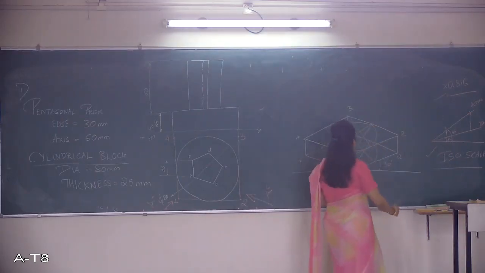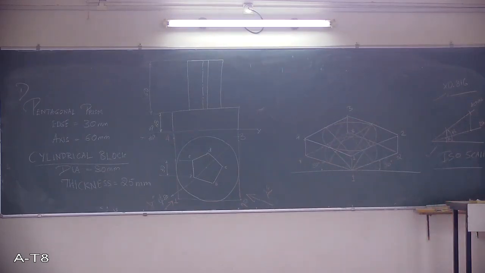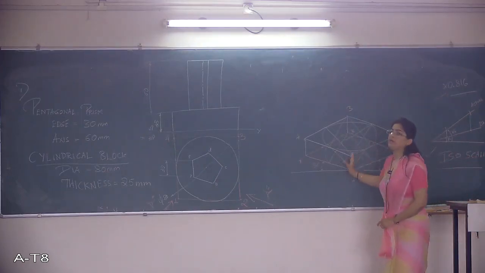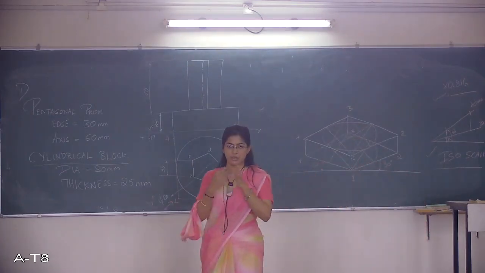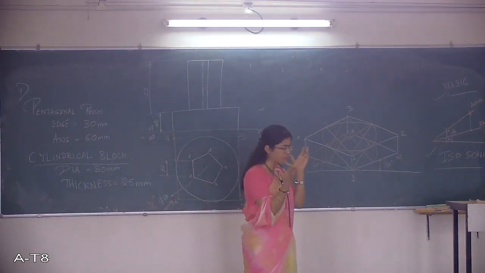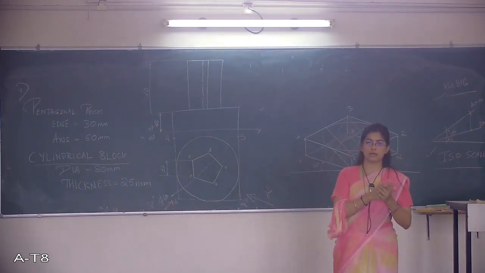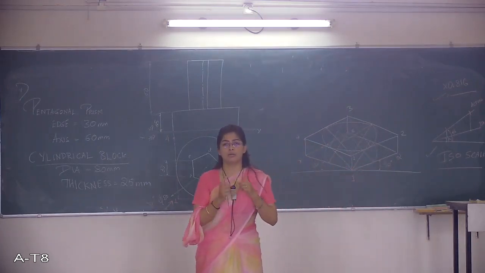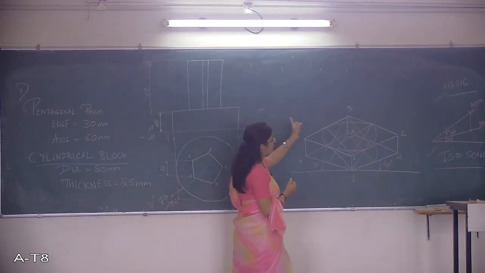Now this basically looks very complicated as I am using different color chalks, but I cannot make it very light because it will not be visible otherwise. It does look very confusing, but if you have understood the very first step of how to get the base, you just project it on top to get the top surface box, and then by repeating the same method, by getting the center of it, and connecting all the midpoints to the 4 centers that I have mentioned, you can get the top surface as well.